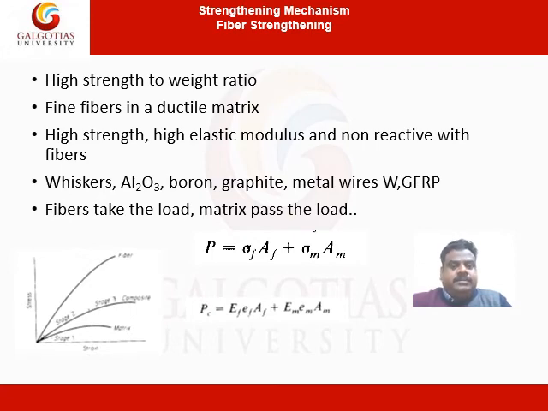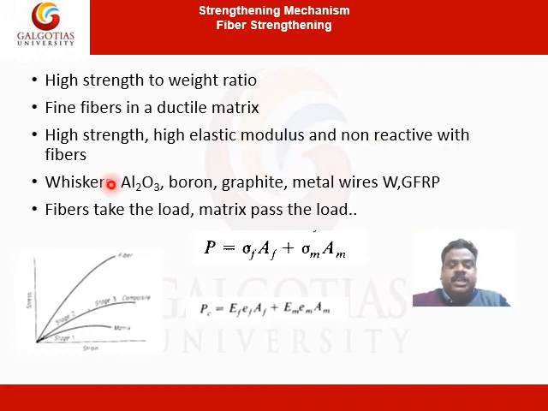The other mechanism involved here is fiber strengthening, which is generally used in composites. We know composites are materials which have a high strength to weight ratio. We have fine fibers in a ductile matrix. These fibers have high strength, high elastic modulus, and they don't react with the matrix.